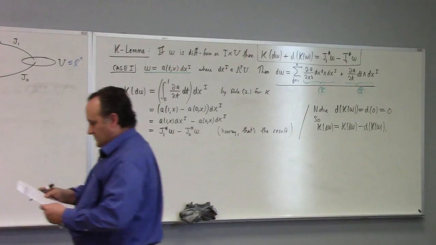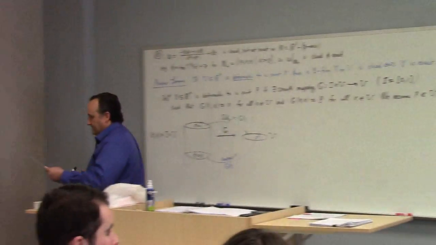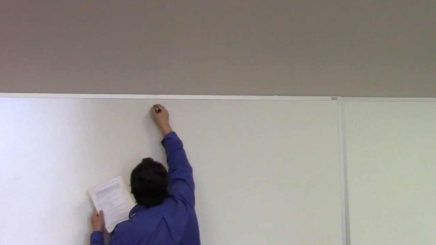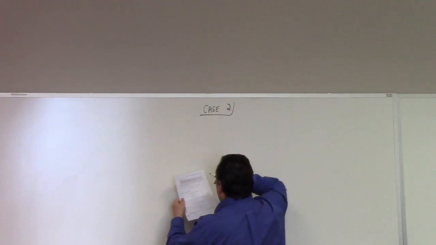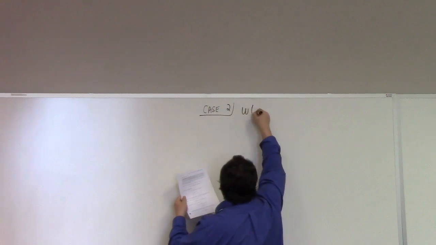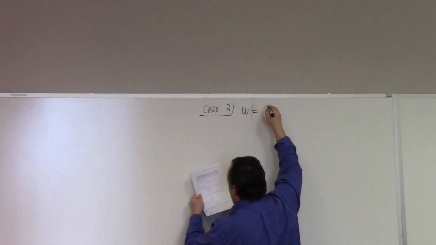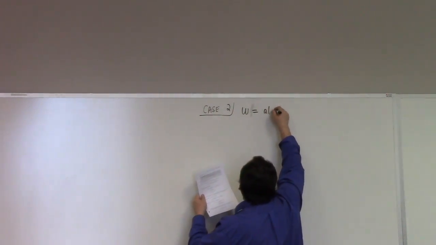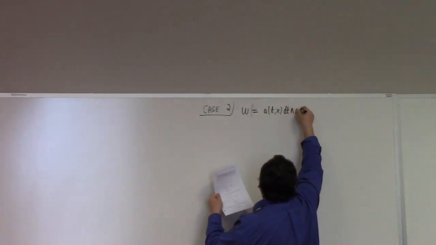I'll do it over here. Case 2, we've got omega equal to a of t comma x dt wedge dxj.